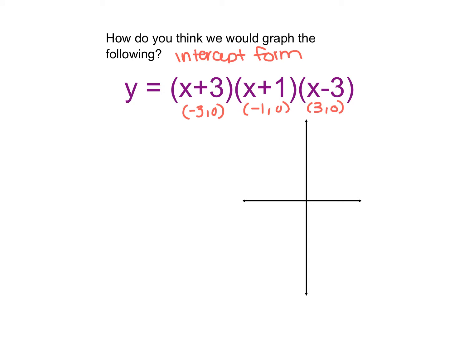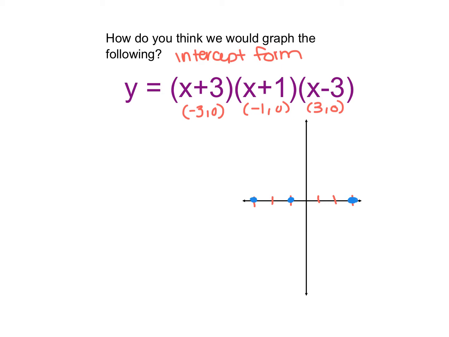So this intercept form of a polynomial equation is telling us we have intercepts on the x-axis at -3, -1, and 3. So let's go plot these. So I have -1, -2, -3, and then 1, 2, 3. So if we plot these, we have an intercept at x equals -3, x equals -1, and x equals 3. So that's the first thing we're going to do.